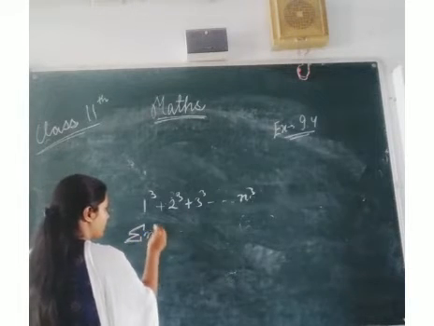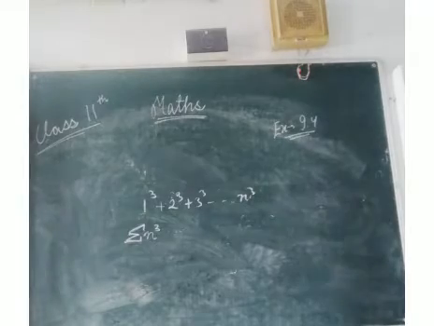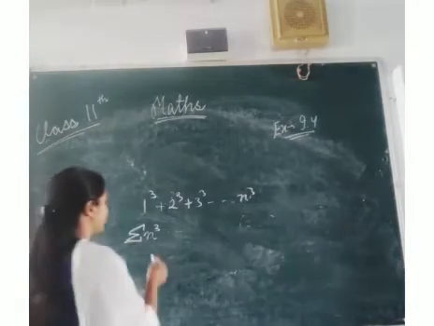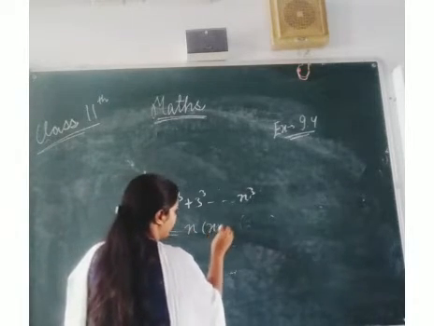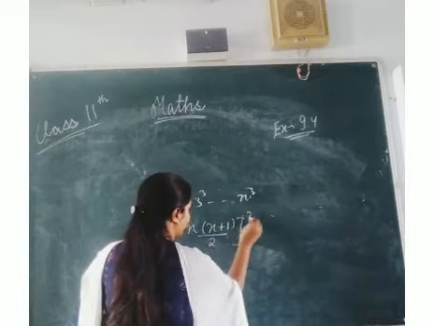summation n cube, and the formula is n into n plus 1 by 2 whole square.